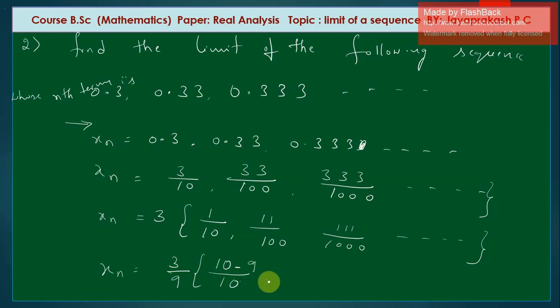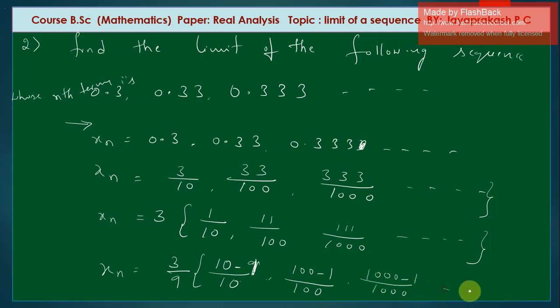Multiplying, we get the same thing. So this is 100 minus 1 by 100, and 1000 minus 1 by 1000. Here we have taken 1 by 9 as a common factor. Therefore, 10 minus 1, 100 minus 1, 1000 minus 1.